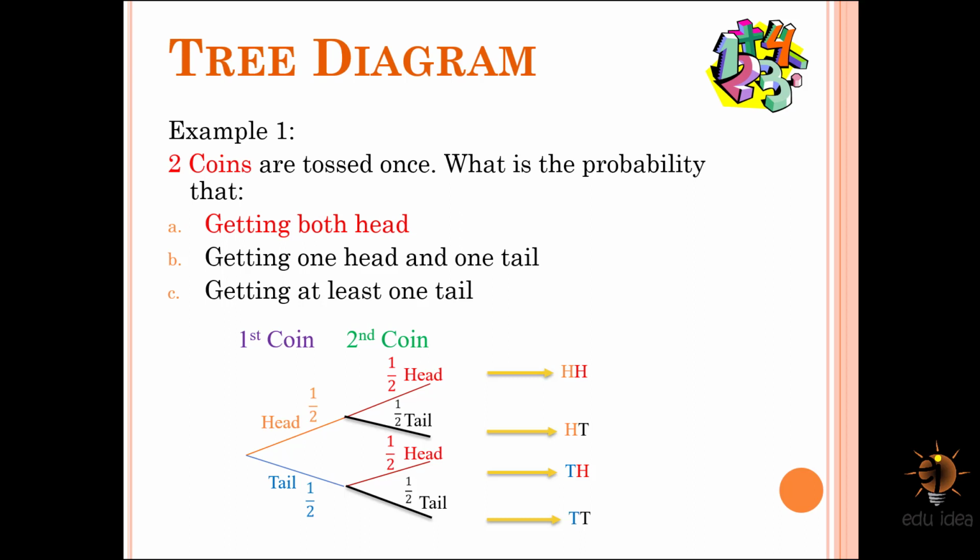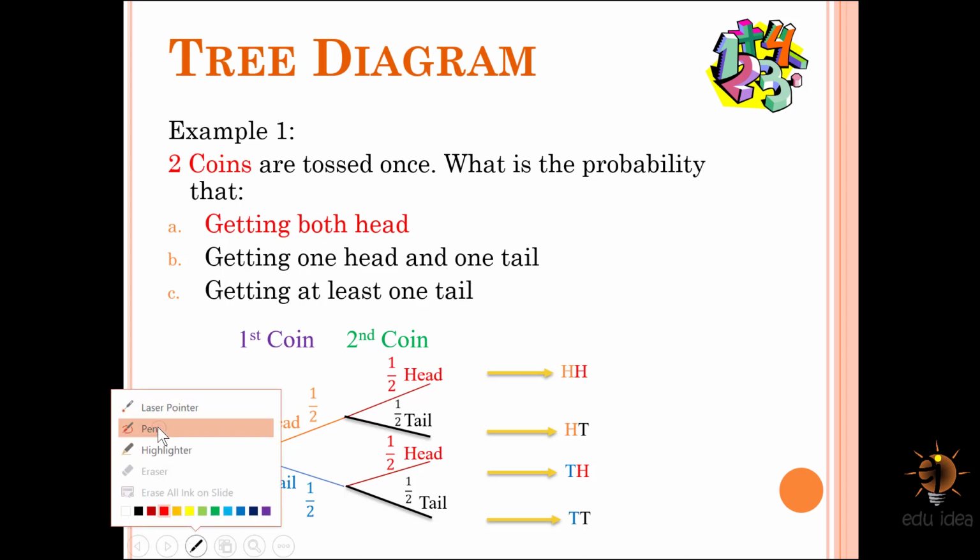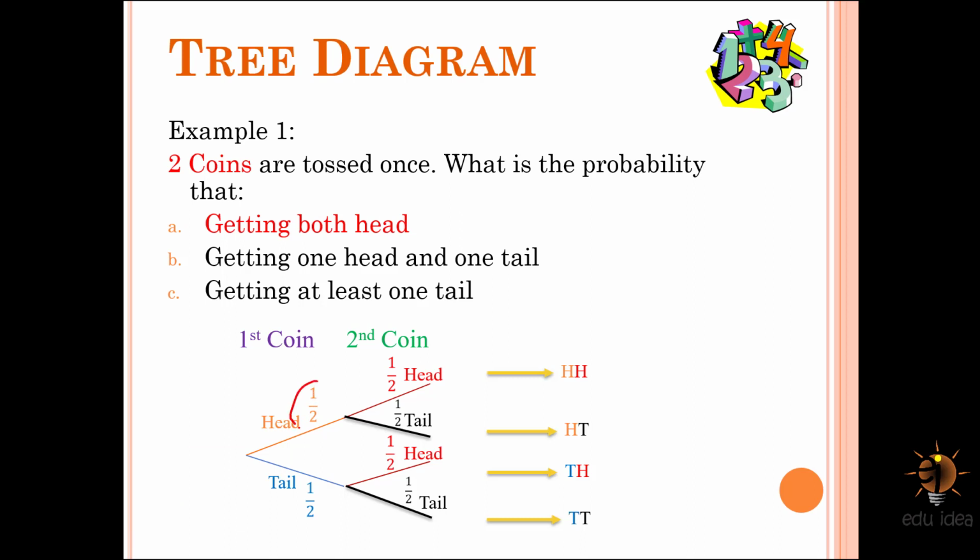So the question is: how can we calculate the probability? As you can see, we have written the probability: this branch is 1/2, and this is 1/2. So for head head, it is 1/2, 1/2. Remember, guys, the logic is like this: if you add these two numbers, you get 1, and 1 is a certain event.